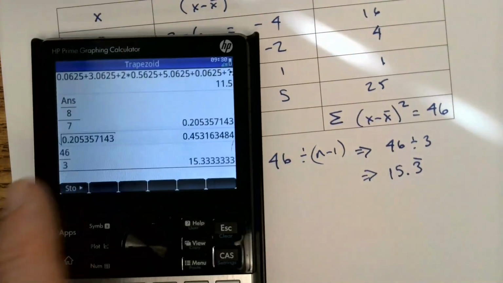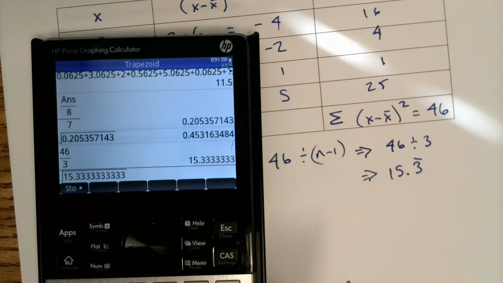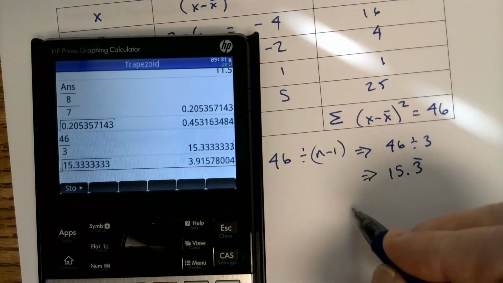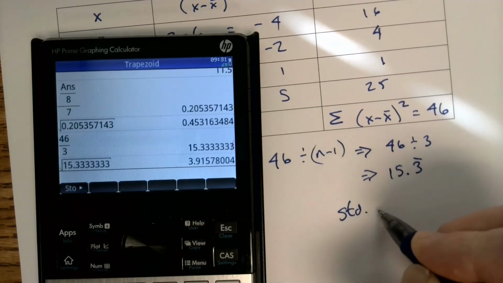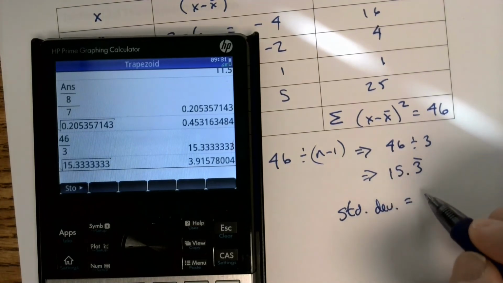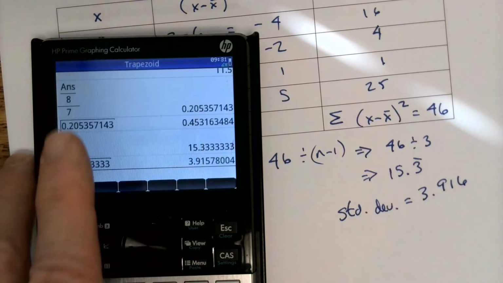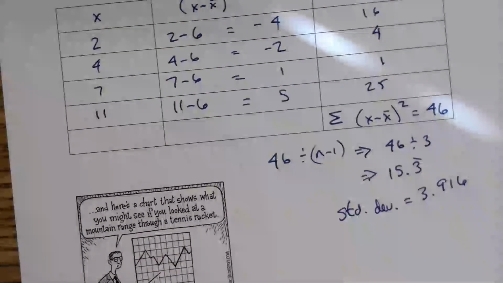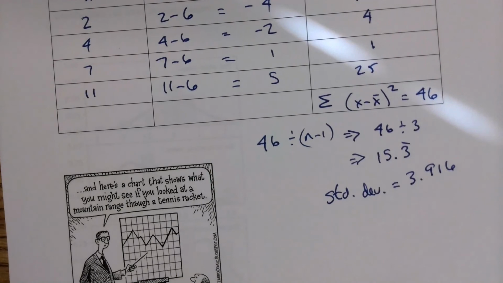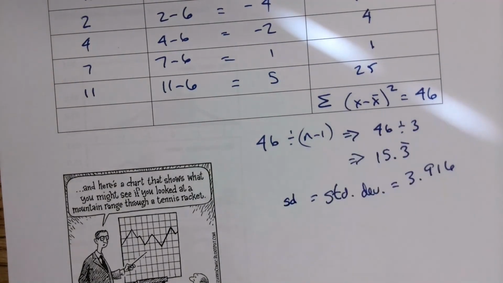And then we take the square root of that, and we get a standard deviation of 3.916 ish. You might see standard deviation written SD. You might see S.